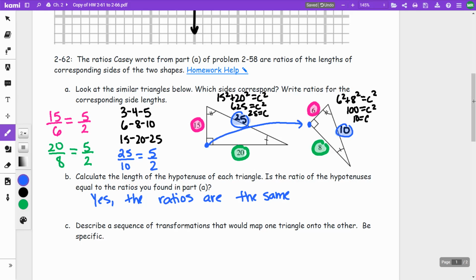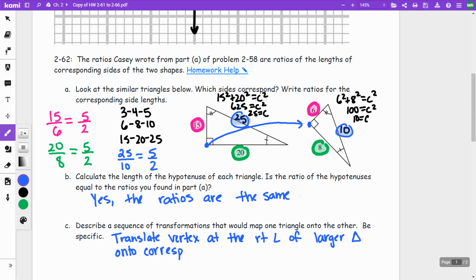So first thing I'm going to do is translate the vertex at the right angle of the larger triangle onto the corresponding vertex in the smaller triangle.